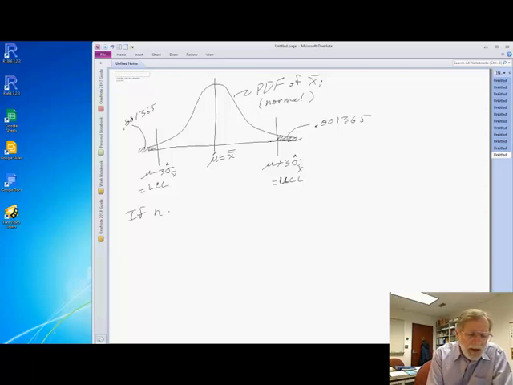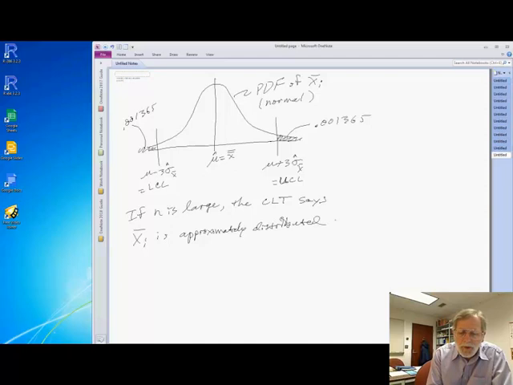If n is large, the central limit theorem says x bar i is approximately distributed as normal with mean mu and variance sigma squared over n.